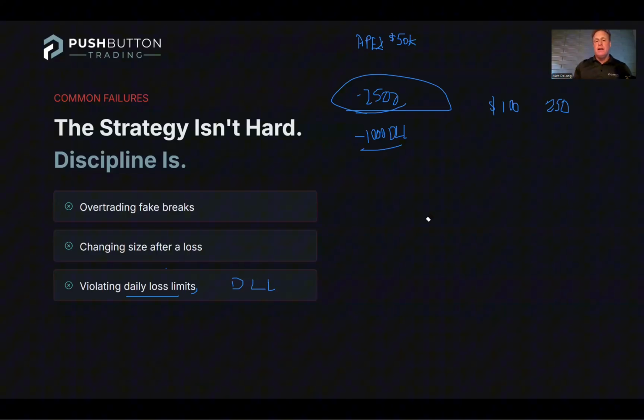Why? Because most funded account programs will say, oh, congratulations, you made some money, we're going to deny a payout, meaning we're not going to allow you to withdraw money because you broke what's called a consistency rule. They all have slightly different rules, but basically somewhere in the neighborhood of 30% of your gains, any one trading day should not be more than 30% of your gains.